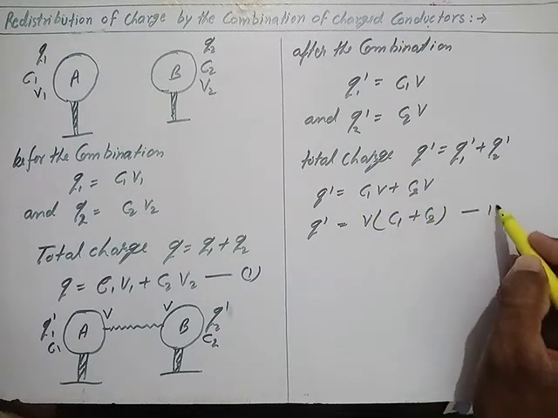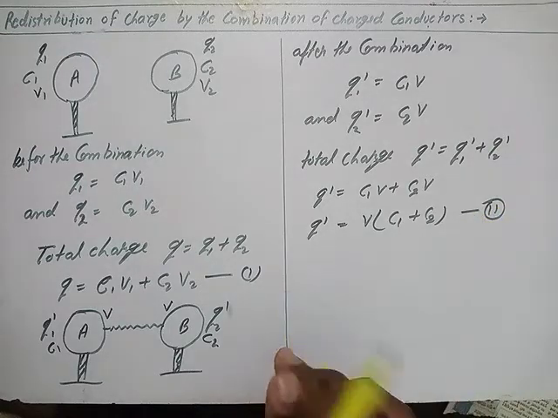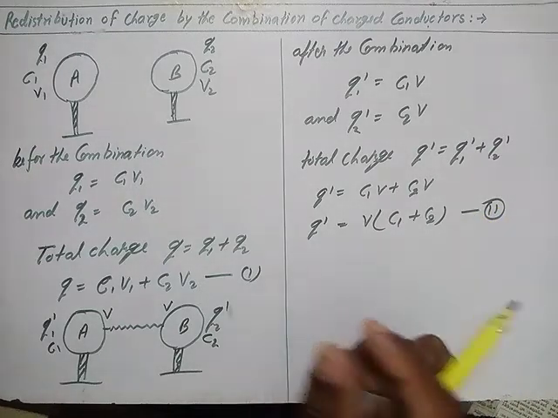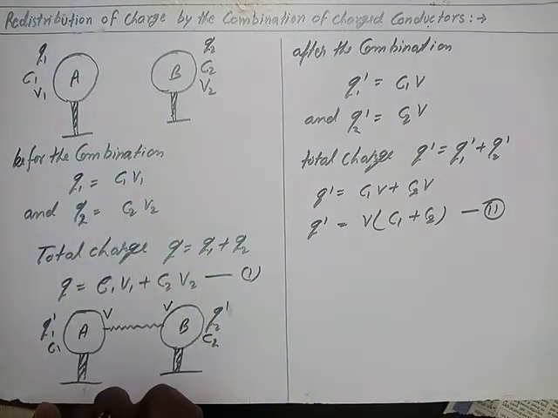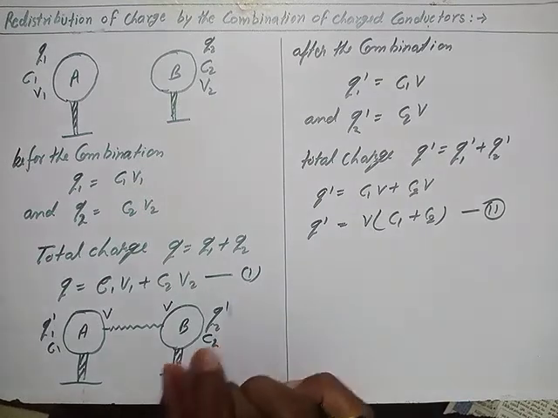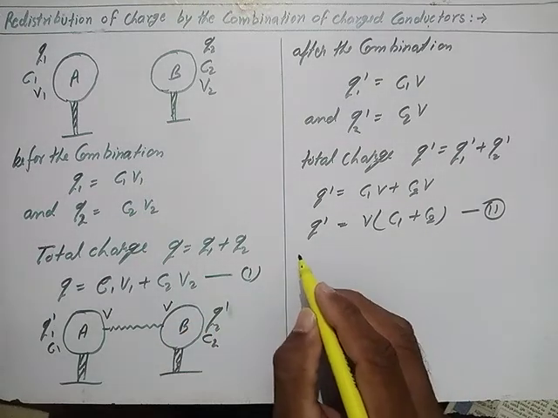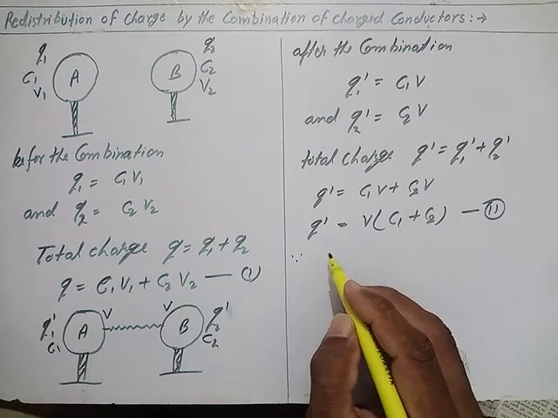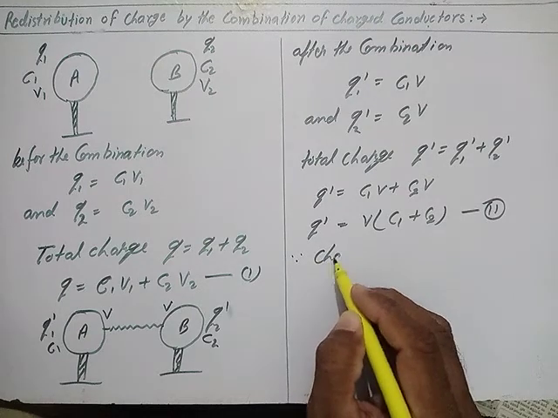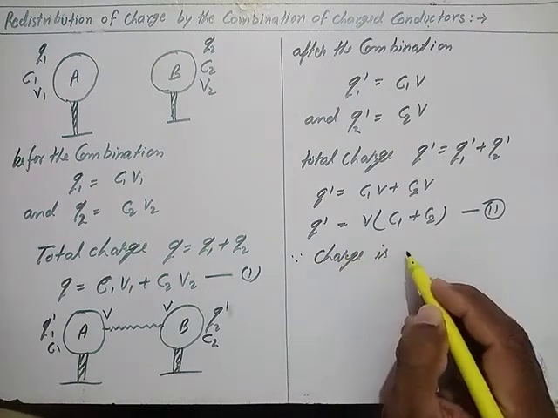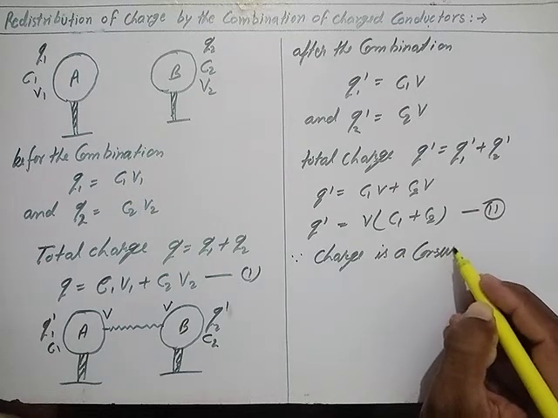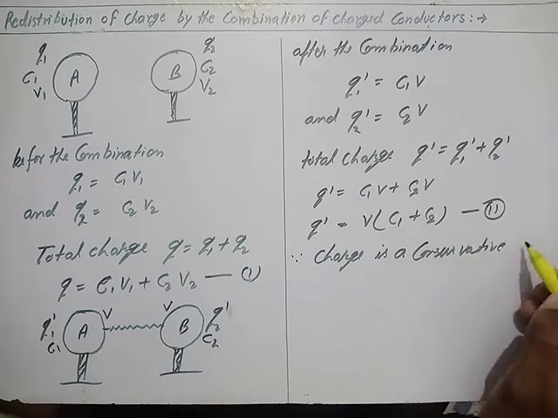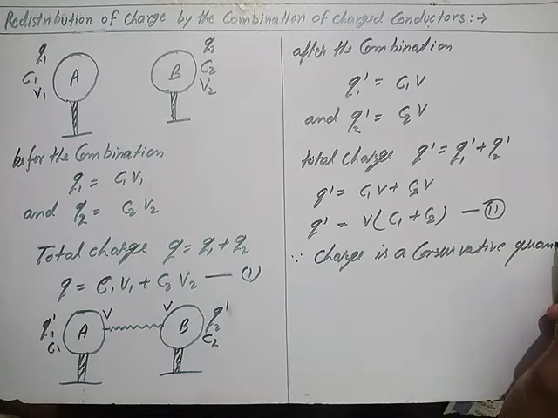You know that charge is a conservative property. Charge cannot be generated and charge cannot be destroyed. So before the combination and after the combination, charge will be the same, since charge is a conservative quantity.